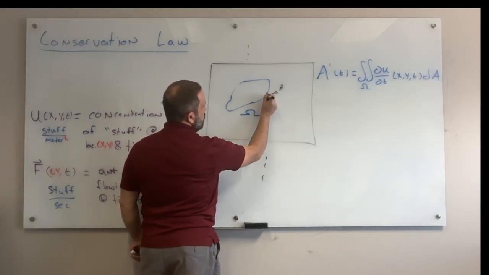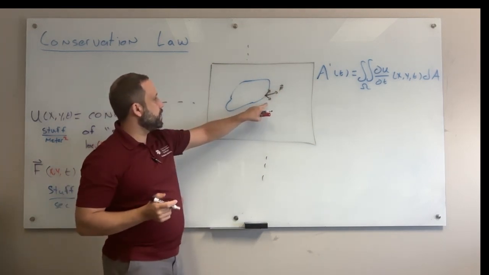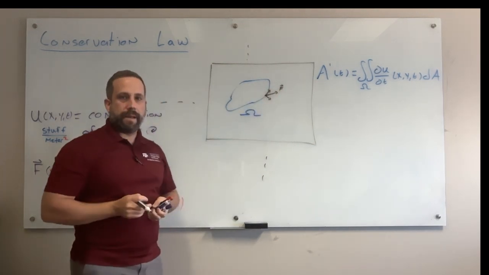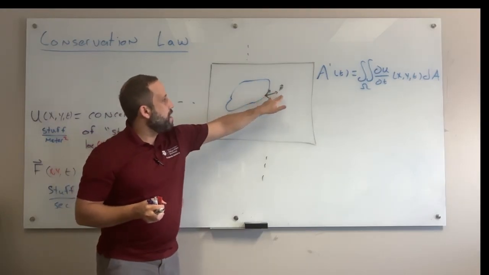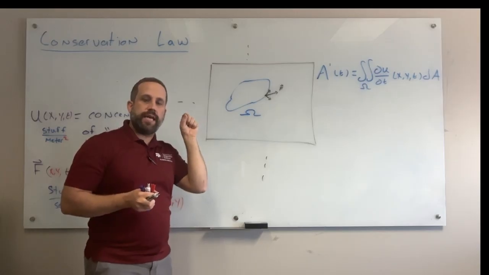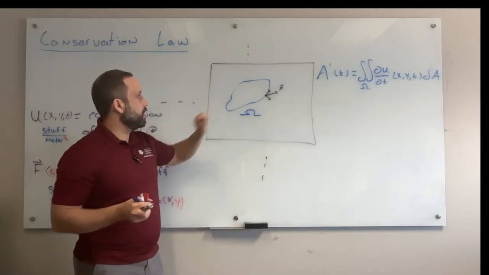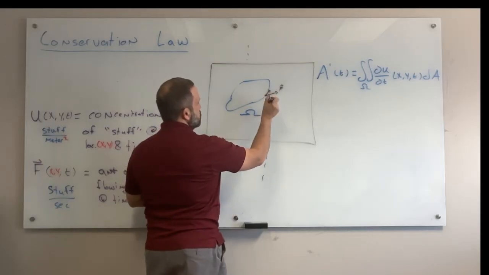One is going to be normal, or perpendicular, to the boundary, and one is going to be parallel to the boundary. The part of the F vector flux that is flowing parallel to the boundary is not causing any stuff to flow in or out of the region. It's only the part that is perpendicular to the boundary that is flowing in or out of the region.